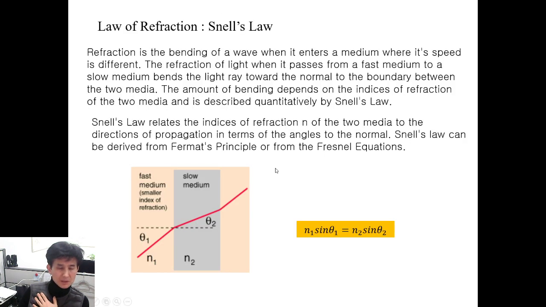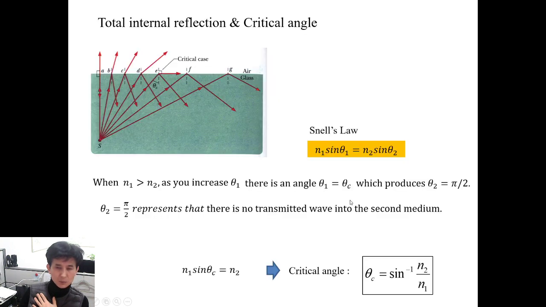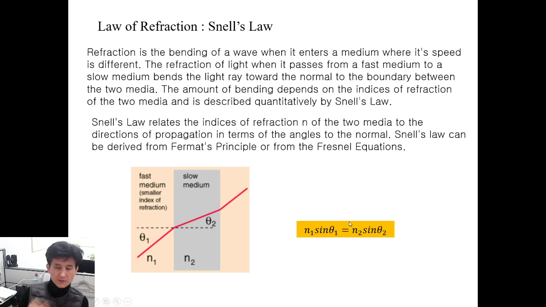And there is a famous Snell's law. I can derive it, but it's difficult to derive within college engineering physics level, so you need to remember this. N1 sine theta 1 is equal to N2 sine theta 2. N1 and N2 are the refractive indices of the media, and theta 1 is the angle from the surface normal to the propagation direction of light.